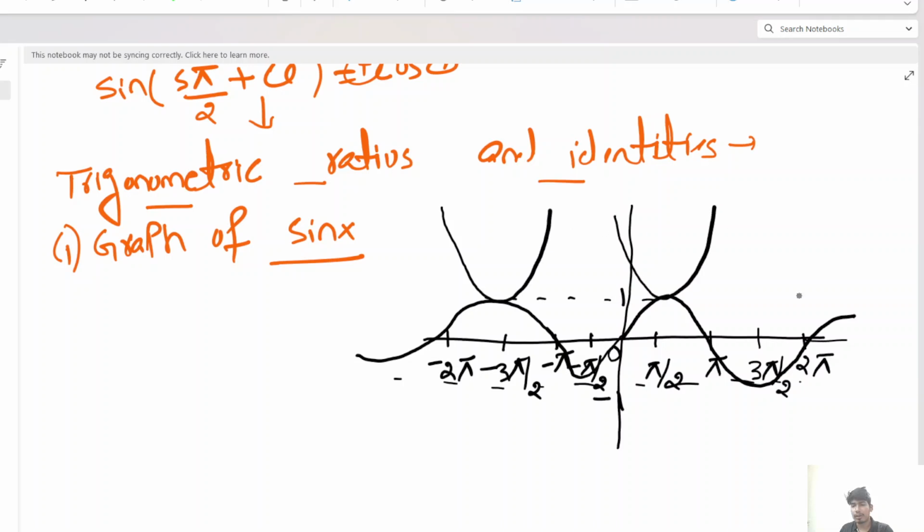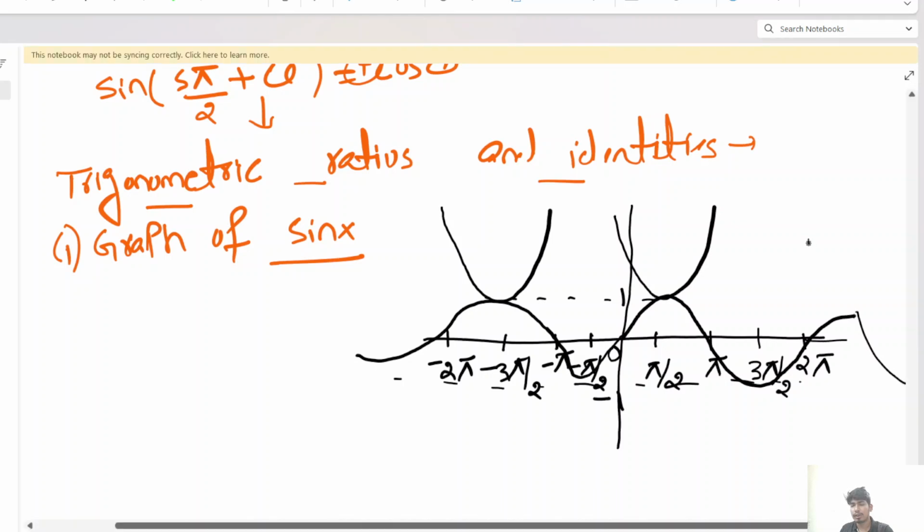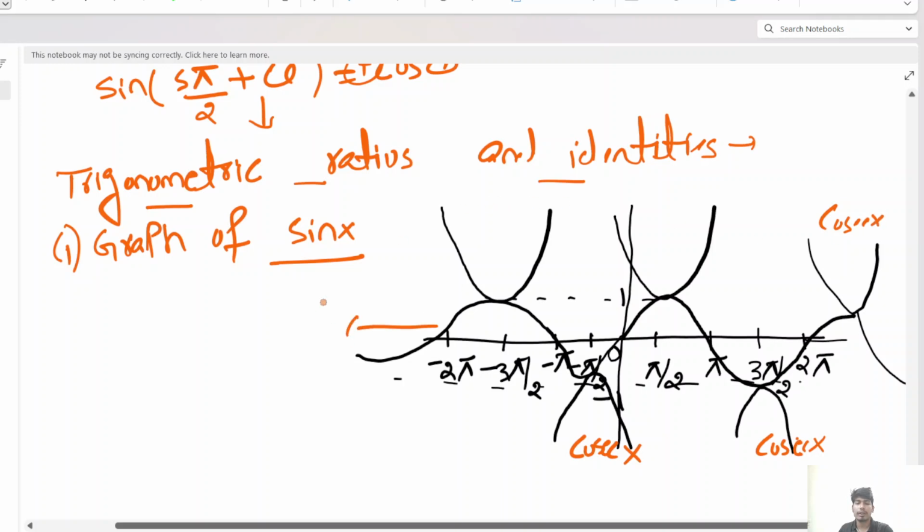Similarly downward, this one, this one. This is the graph of cosecant x, and this is the graph of sin x.